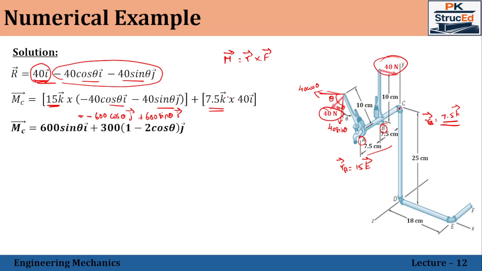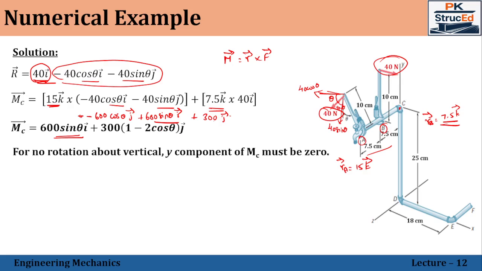And this one is K cross I, which gives j vector, that is plus 7.5 into 40, which comes to 300 j vector. So the 600 sin theta I vector is taken separately, whereas for the j component, 300 has been taken common. So you will get 300 into 1 minus 2 cos theta j vector.